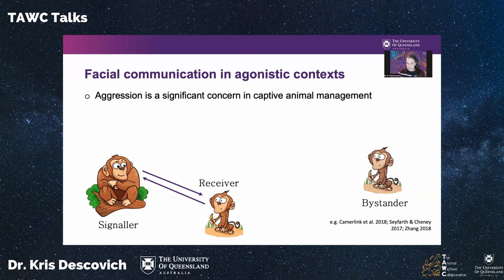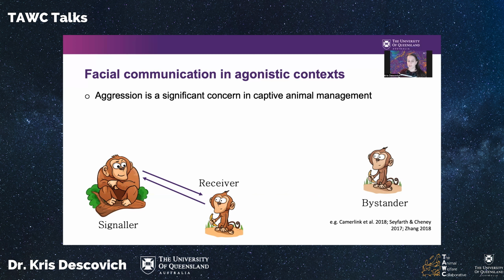The receiver sees this threat face, and then seeing this cue, this predictor of impending behaviour, lets the receiver make some decisions about what they're going to do. Are they going to provide an affiliative face that might dampen the chance of social conflict? Or are they going to avoid the situation? They might run away or completely avoid eye contact with the signaller.